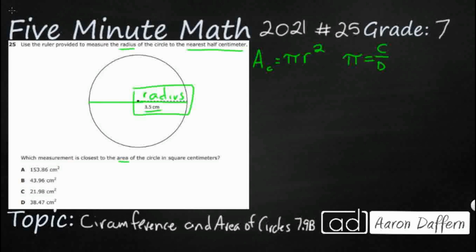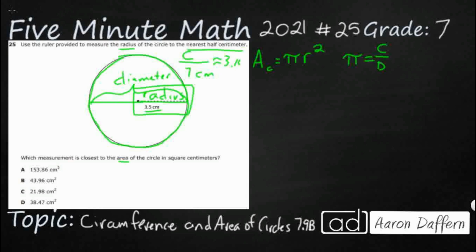So if my radius is 3.5, I would take this right here, and this would be my diameter. That diameter would be double that, about 7, right? And then take this circumference, which I don't know what the circumference is, but if I take that circumference and divide it by my 7, guess what it's going to be? It's always going to be about 3.14.